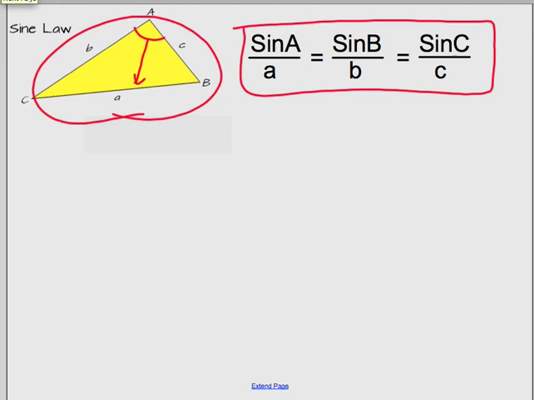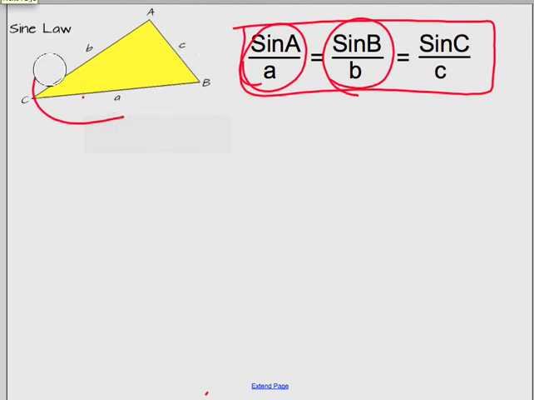What this is saying is that angle A and side A give me the exact same number as angle B and its opposite side B, and angle C and its opposite side C. So you need to find opposite partners, which in this case are the angle and its opposite side.